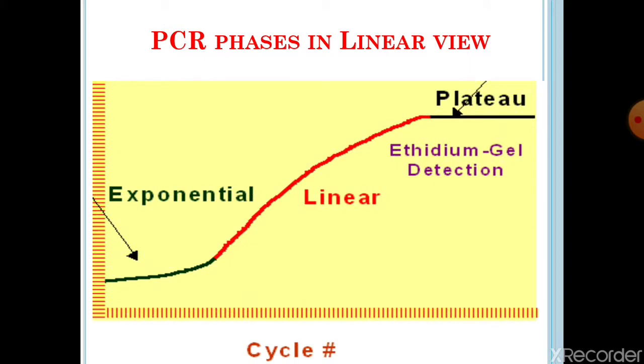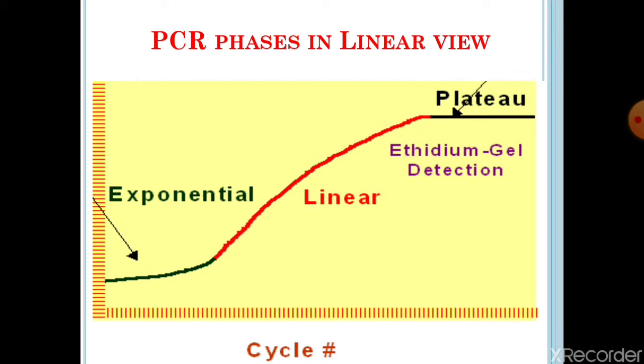Now this is another figure that shows the PCR phases in linear view. The PCR phases in the linear view are shown in this picture, in linear scale. Here the DNA concentration, not the log of DNA, is plotted on the y-axis and the number of cycles on the x-axis.